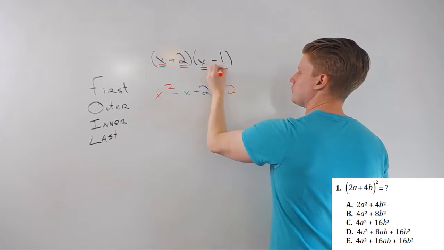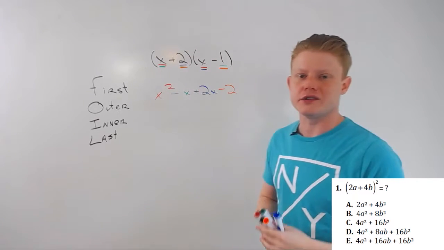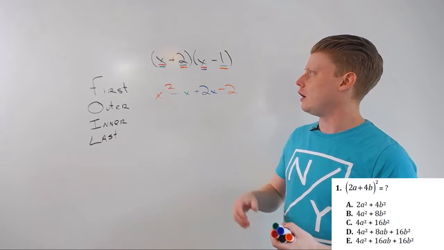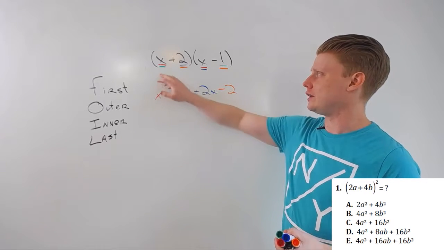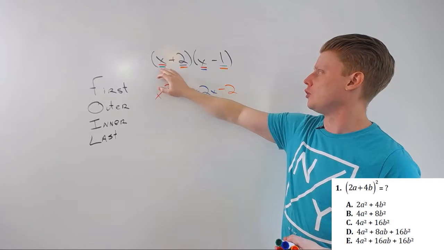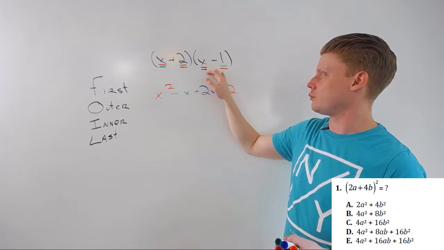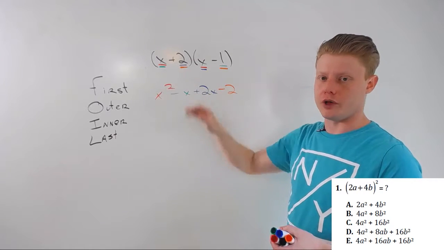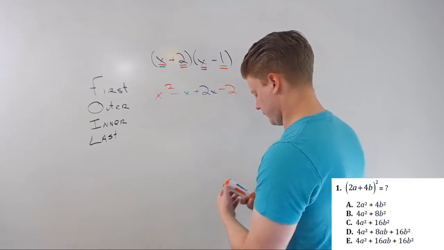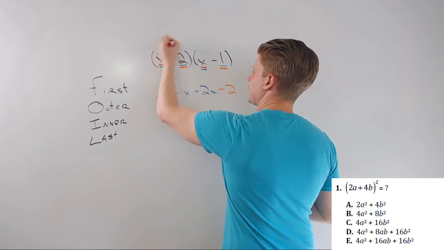One of the reasons I use color coding on this, and I'm sorry if you're colorblind, but I think you should follow along just fine anyway, is to illustrate that I'm multiplying everything in this set of parentheses by everything in this set of parentheses. Everything gets multiplied by each other. So, for example, our first x meets up with this second x, right?